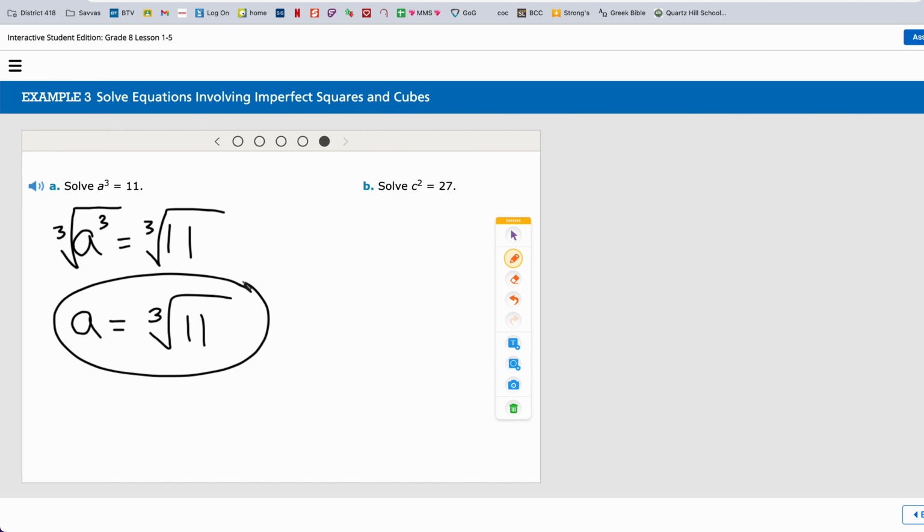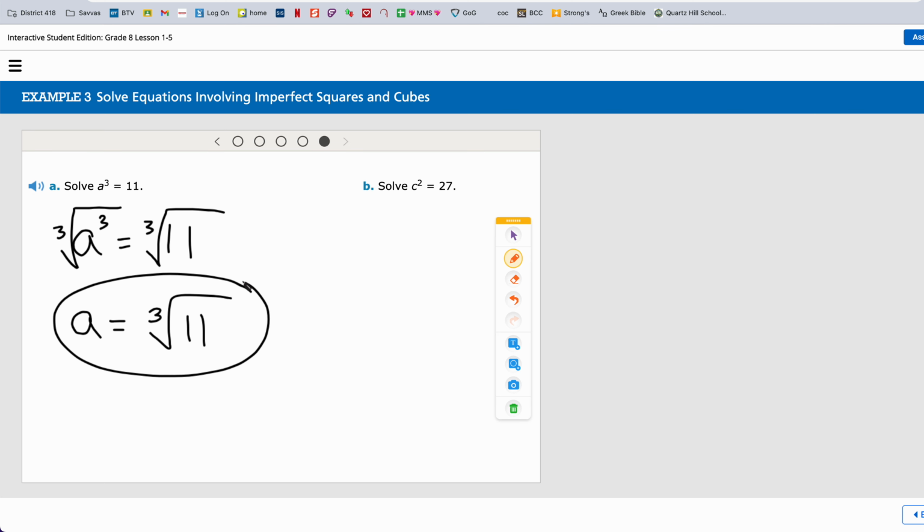There is nothing extra written there. There's nothing that you can leave out of that and it be okay. If I leave out the 3, it's wrong. If I leave out the symbol, it's wrong. If you add anything, if I were to write a 3 there and make it a cubed equals that, it's wrong. This is the answer. That's the way it needs to be written. Okay?